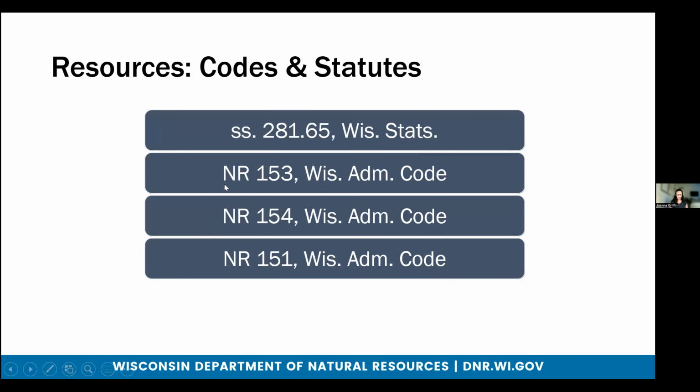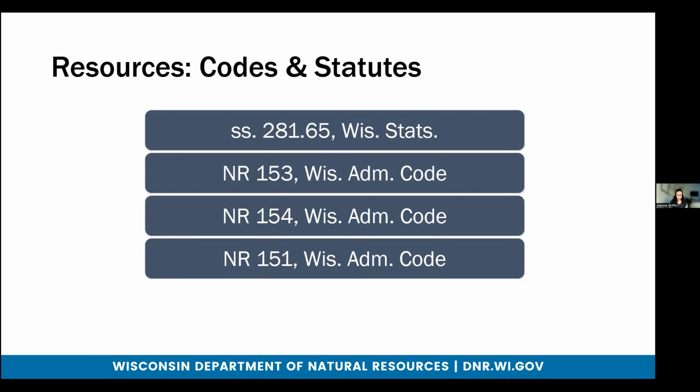All right. The TRM program exists under the authority established in 281.65 and NR 153. NR 154 identifies best management practices, technical standards, and cost share conditions that apply to the department, state agencies, governmental units, the Board of Regents, and cost share recipients when serving to provide or receive cost share funds under NR 153.